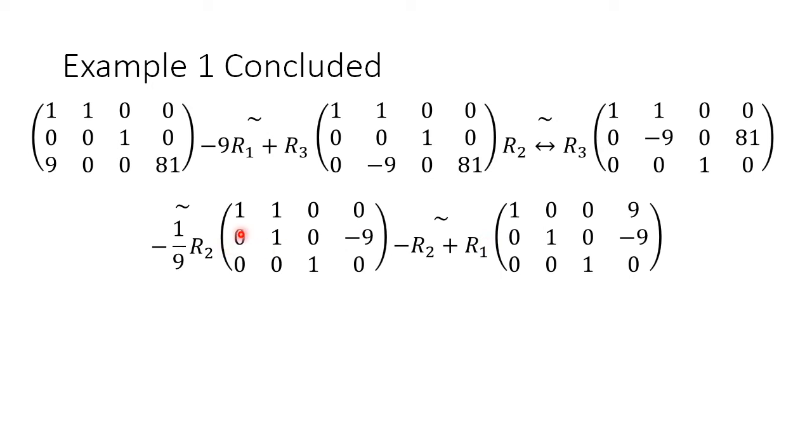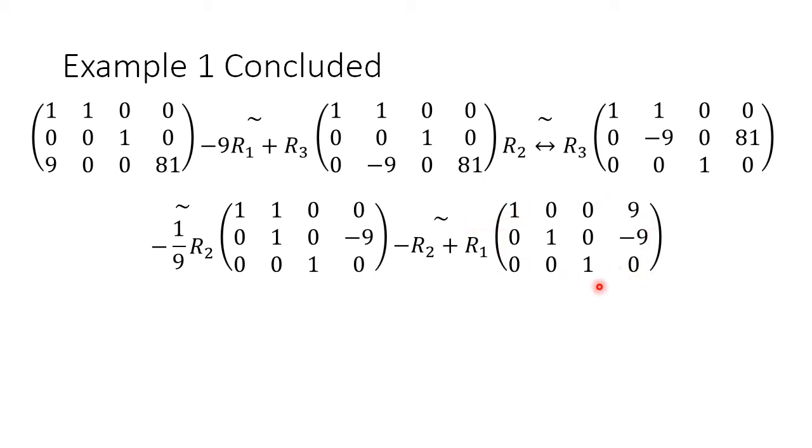So that would be -0 plus 1, which is 1, -1 plus 1, which is 0, -0 plus 0, which is 0, 9 plus 0, which is 9. That makes all of the entries above the current pivot 0, so I'm done. I move to my previous pivot. This pivot is the first pivot. It has no numbers above it. So I'm actually finished with the backwards phase and finished with Gauss-Jordan elimination. And this is the matrix in RREF form, or its reduced row echelon form.